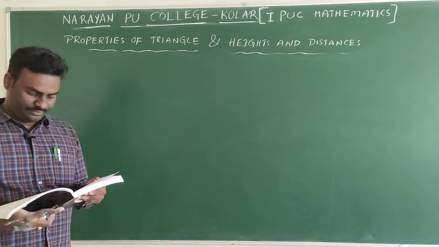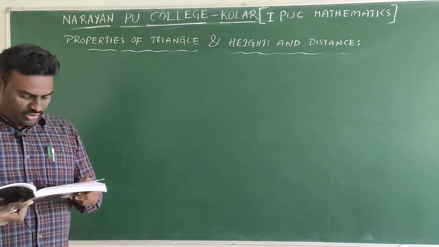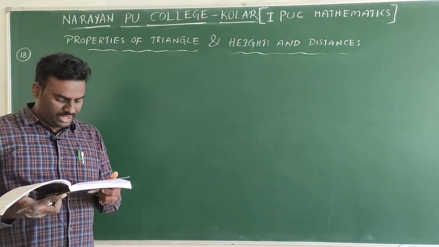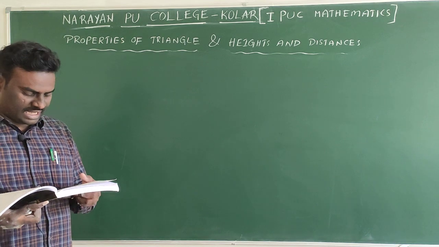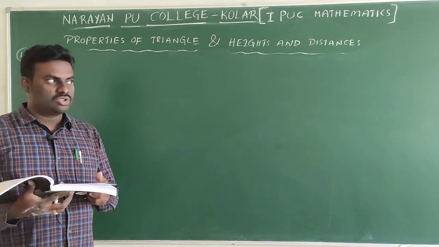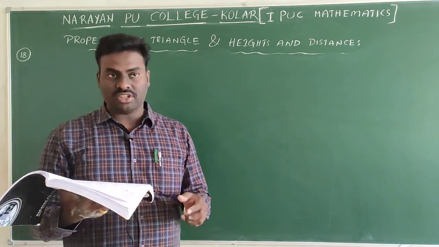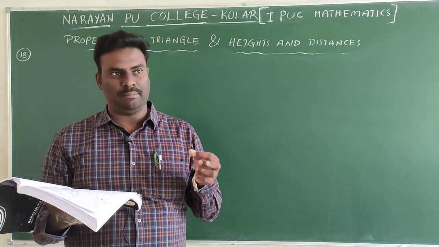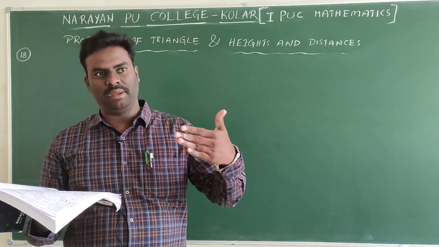See, in the 18th question: which of the following pieces of data does not uniquely determine the acute angle triangle? So out of the 4 options, which option, if you take that data, will not give sufficient information to find a, b, c, angle A, angle B, angle C?